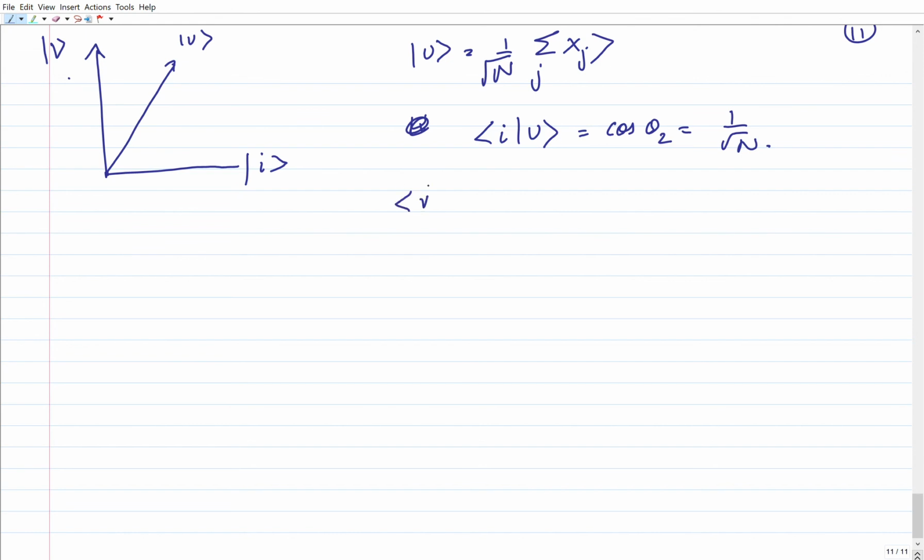The angle between V and U is theta 1, and since these two angles are complementary, they sum up to 90 degrees. So cosine theta 2 is also equal to sine of theta 1.